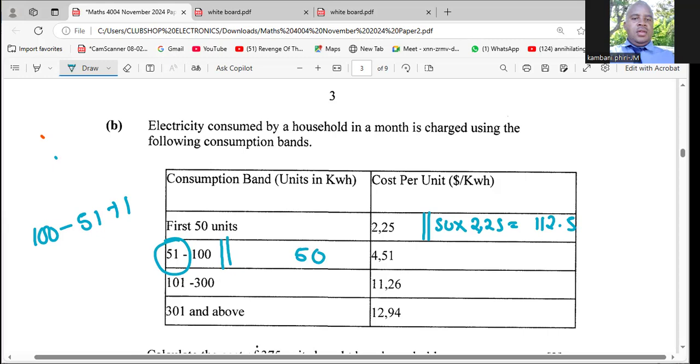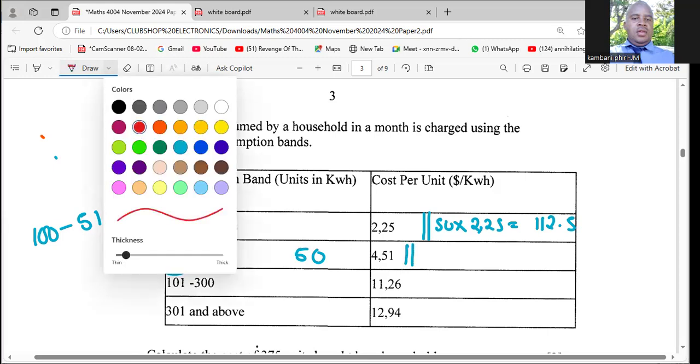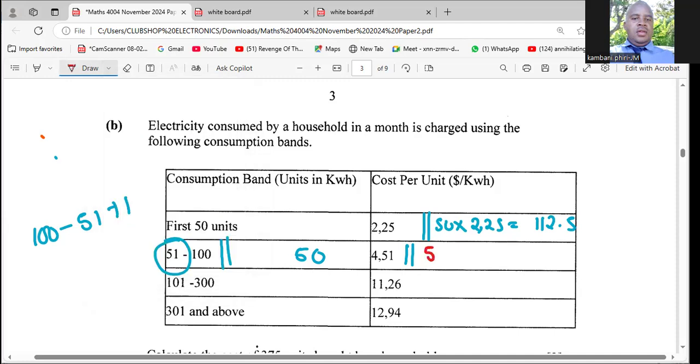So for the next 50, you pay at $4.51. So here you're going to pay 50 times 4.51. What does this give you?